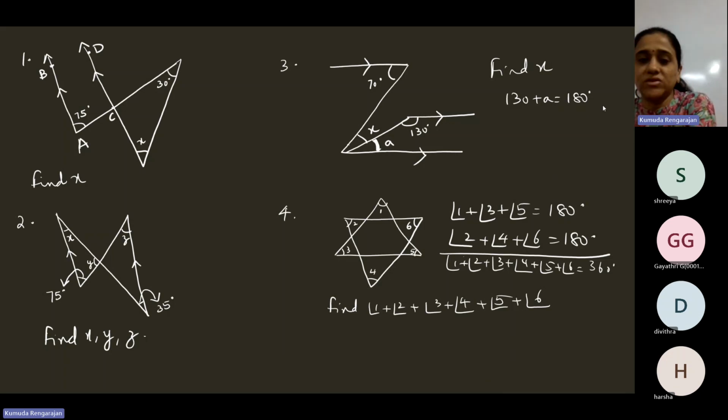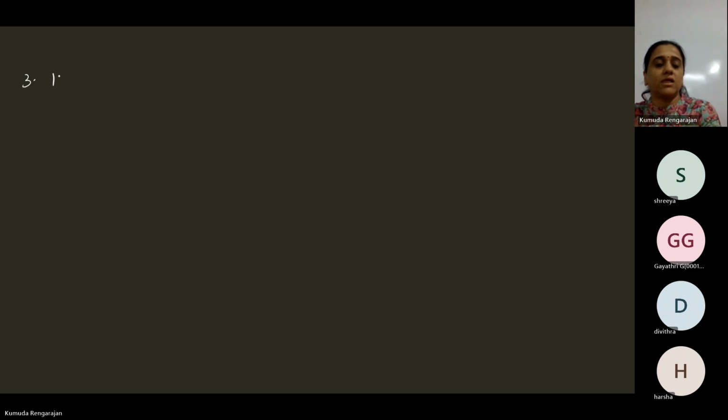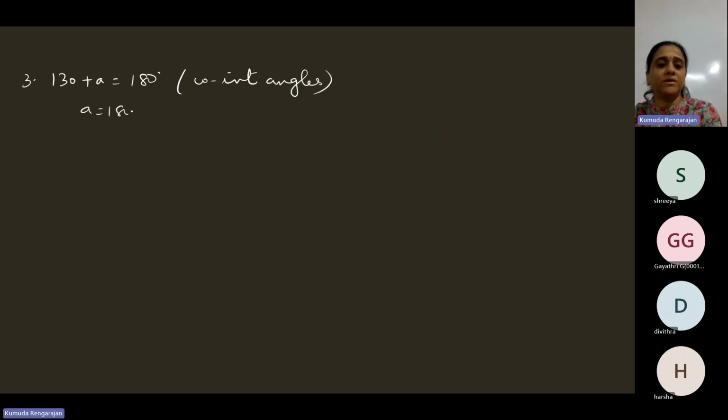Co-interior angles are supplementary. 130 plus A is equal to 180 because co-interior angles are supplementary. So A is equal to 180 minus 130. A is equal to 50 degrees.